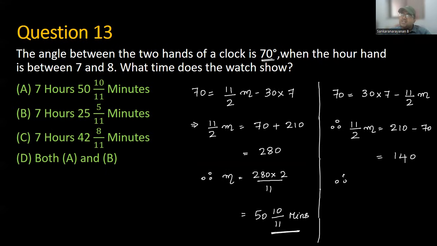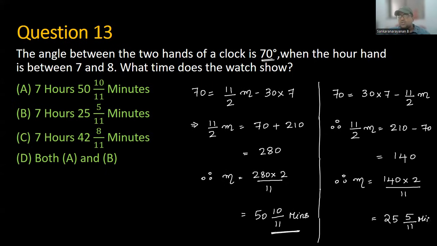So from this, I can see that m will be 140 into 2 divided by 11. On calculation, this is 280 by 11, which is 25 and 5 by 11 minutes. Got it?